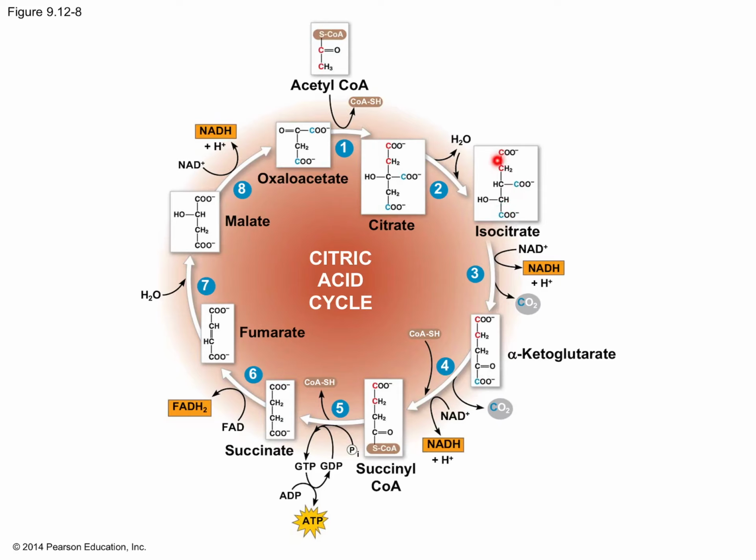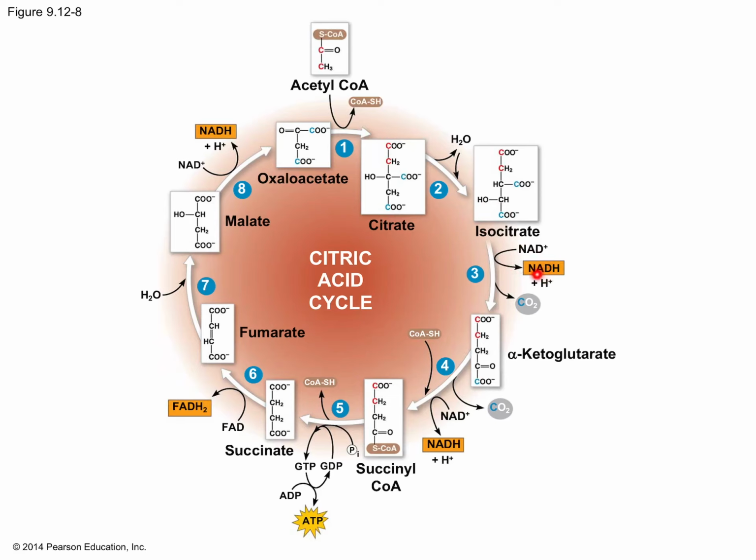That's because it's one of these 2. It's not one of the 2 that came in at the beginning of this cycle. It's a carbon that was already present in oxaloacetate. These carbons drop in as acetyl-CoA, and they spin a turn or 2 in the cycle before they eventually come off as CO2. Okay, they don't come off as CO2 in the same cycle in which they drop in. They come off as CO2 in a cycle or 2 later.